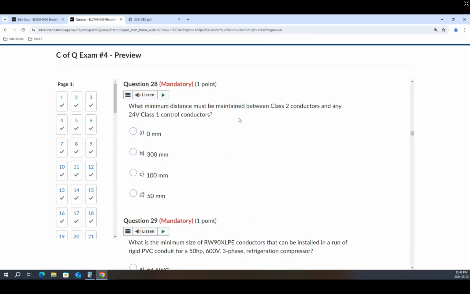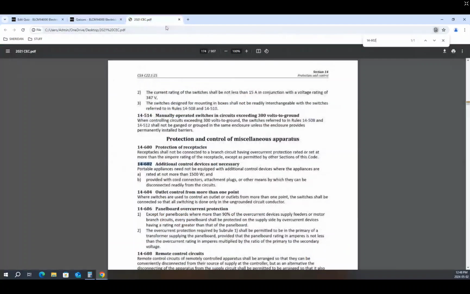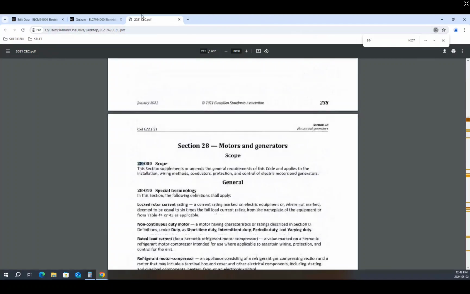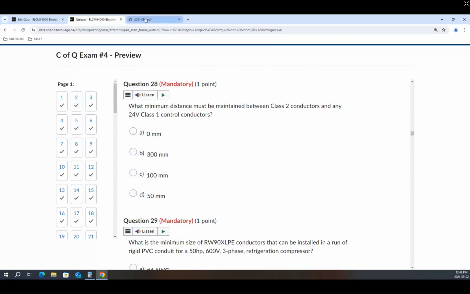28. What minimum distance must be maintained between class 2 conductors and any 24 volt class 1 control conductor? I'm going to go section 28. Oh, my bad. I'm answering question 28.